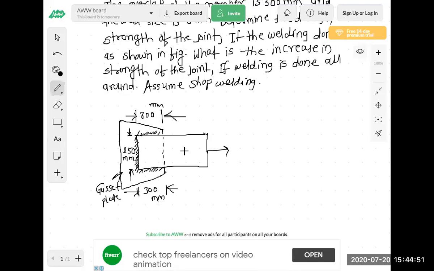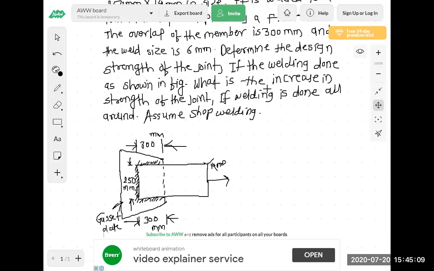See, this plate is given. This plate is 250 mm by 14 mm, as written in the problem statement.